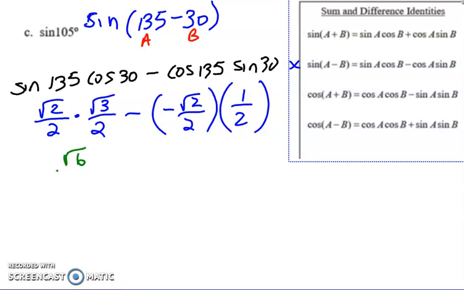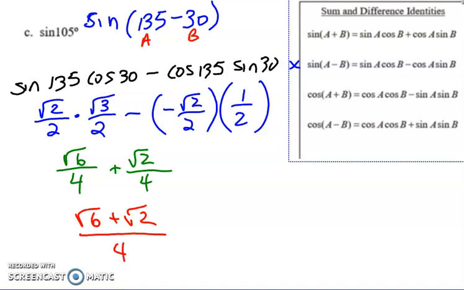End up with the square root of 6 over 4. We have minus again, so we're going to say plus the square root of 2 all over 4. Again, you can write it as a single quotient, square root of 6 plus the square root of 2 all over 4. So I hope you're noticing a common theme here that we're getting a lot of the same numbers. It's just a matter of whether it's positive or negative and how that comes about.